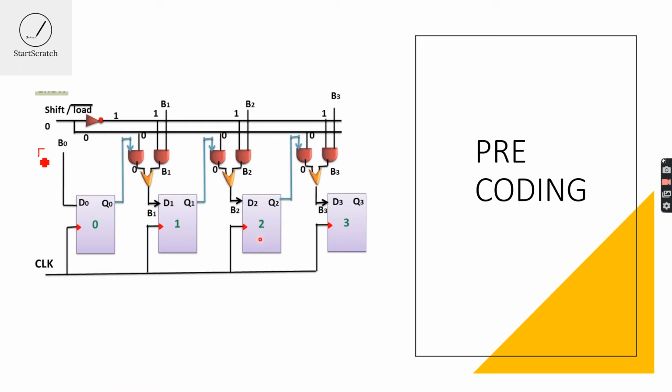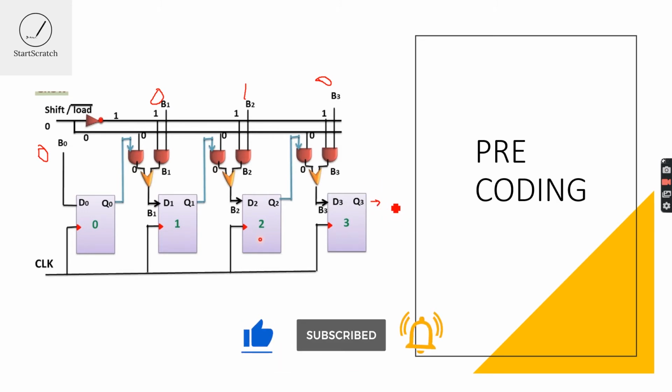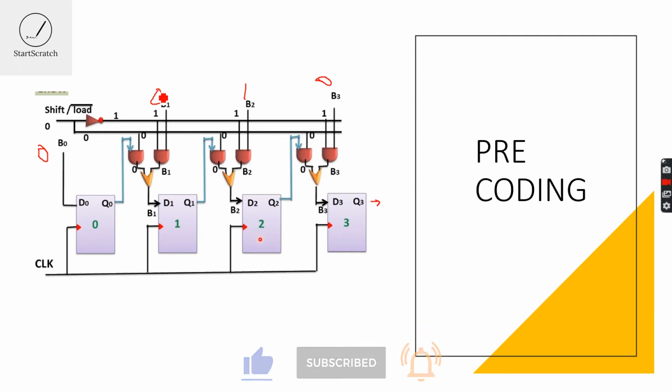Let's say I am giving B0 as 0, B1 as 0, B2 as 1, and B3 as 0, and here is my output. For every clock pulse there will be 1 output. Here I am giving 4 inputs, so there will be 4 outputs at 4 different clock pulses.